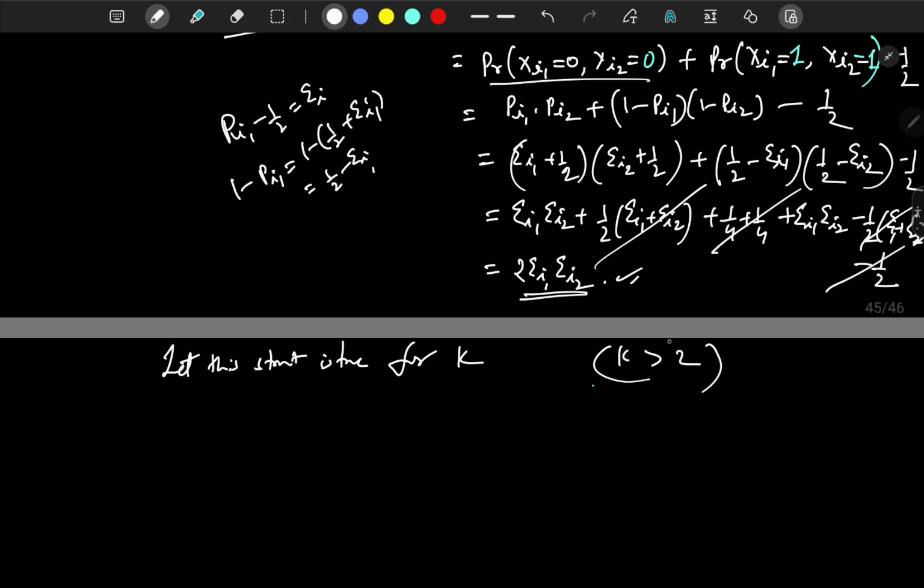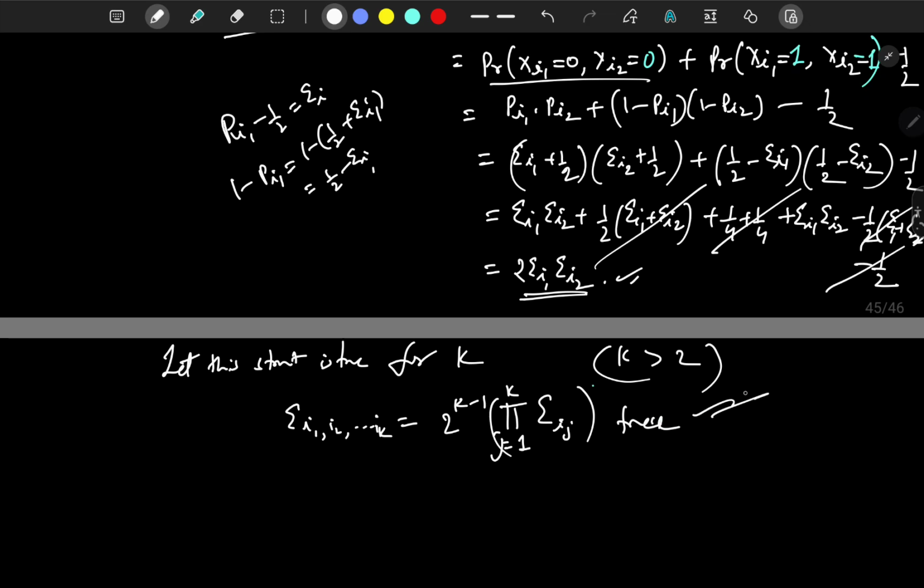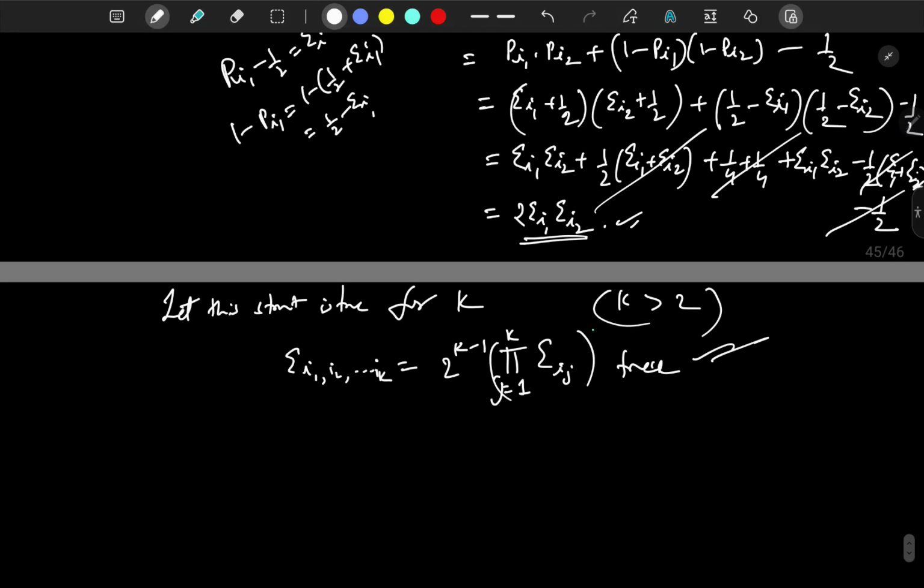So if you assume the statement for k, we are declaring that epsilon i1, i2 and so on, ik is nothing but 2 to the power k minus 1 times the product of epsilon ij, where j equals 1 to k. This is true. We are accepting this.